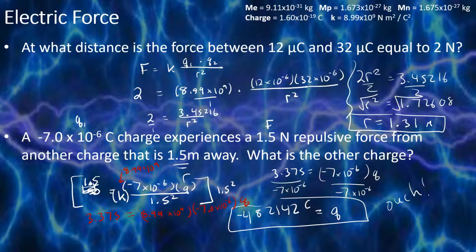I just messed it up. Okay, that's a lot more reasonable. So our Q in the end here should have been negative 5.36 times 10 to the negative 5th coulomb. That is the right answer.